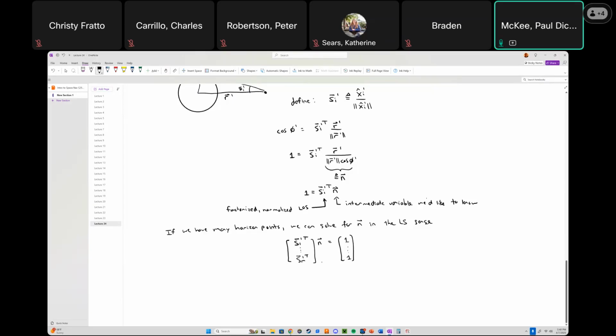So if we have M horizon points, this matrix that we form is going to be M, as in Mike, by 3. This is going to be a 3 by 1, and this is going to be M by 1. Okay, so it's reasonable to build this matrix and solve in the least square sense for n.